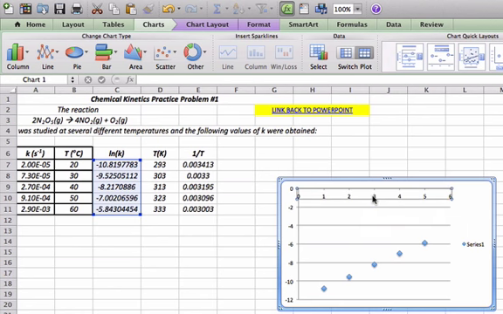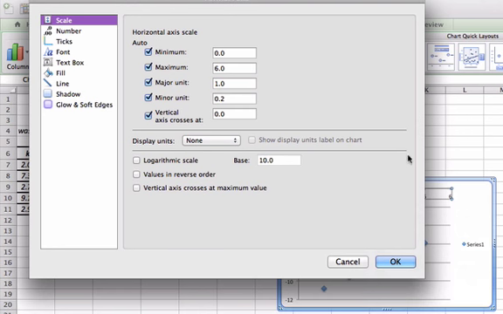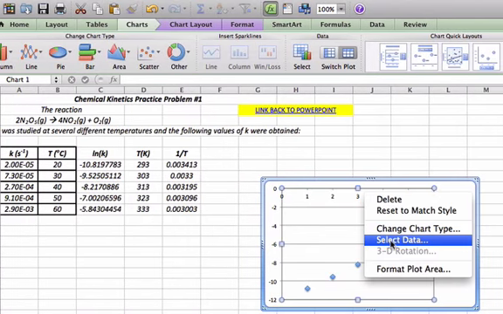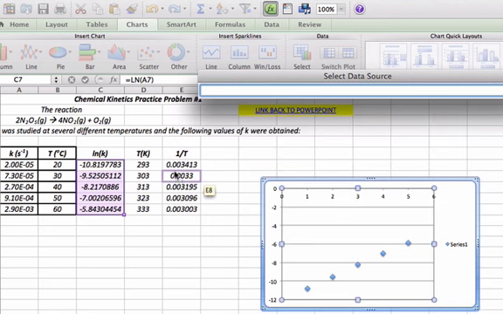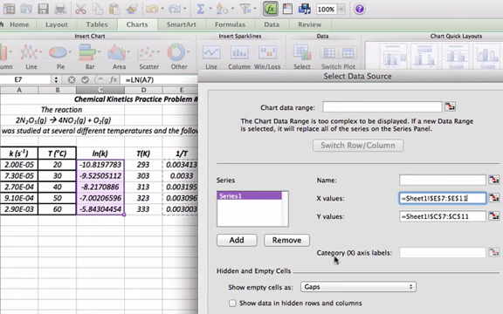And then I'm going to format the x-axis. Oops, wrong button. I want to select the data that I want for my x values, which I want to be this guy right here. And we'll go ahead and just put natural log of K versus 1 over the temperature.